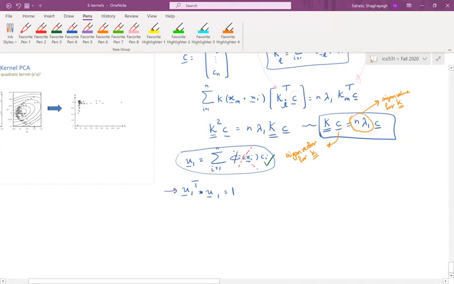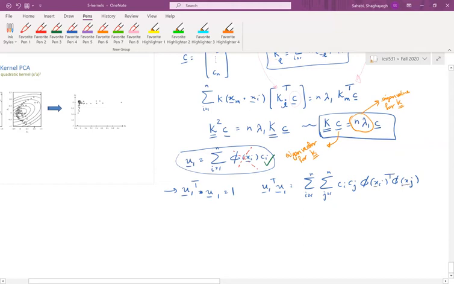How are we going to do that? Well, u1 transpose u1 is basically the summation over i equals 1 to n, j equals 1 to n, of ci cj phi of xi transpose phi of xj, right?